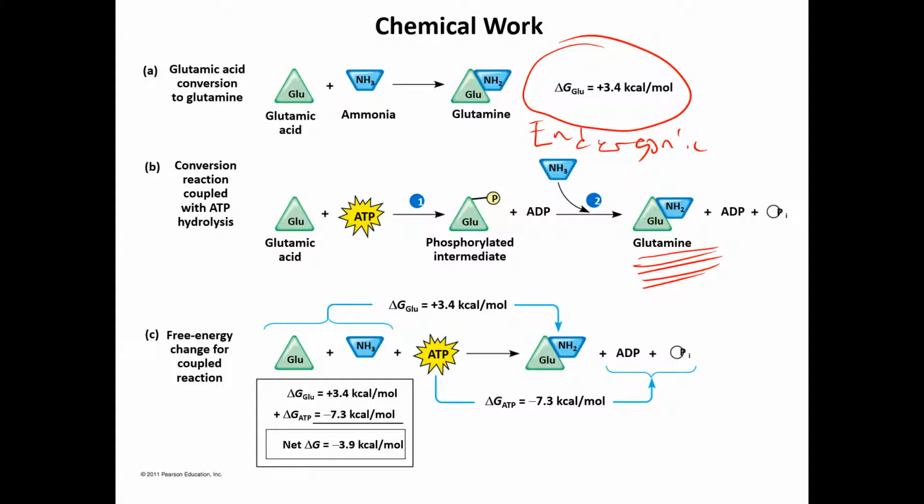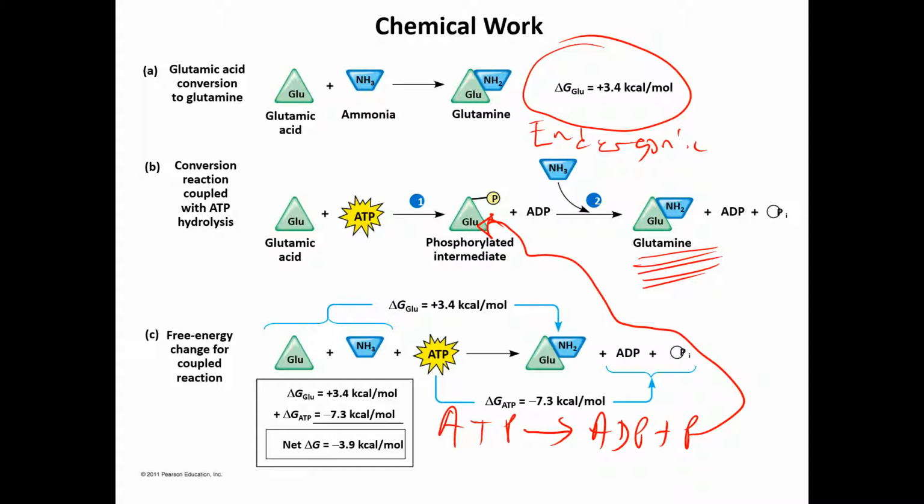You add in ATP, the energy that's released from taking the ATP and hydrolyzing it into ADP plus the phosphate, which initially gets attached to the glutamic acid, and then it's broken off and you form your glutamine.